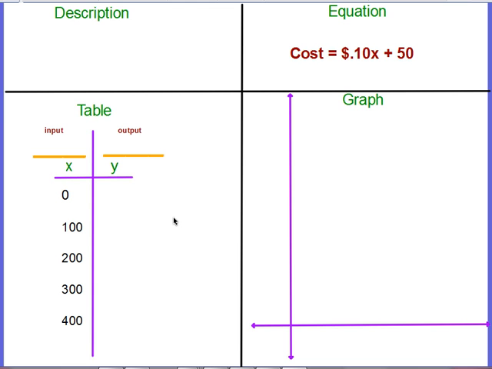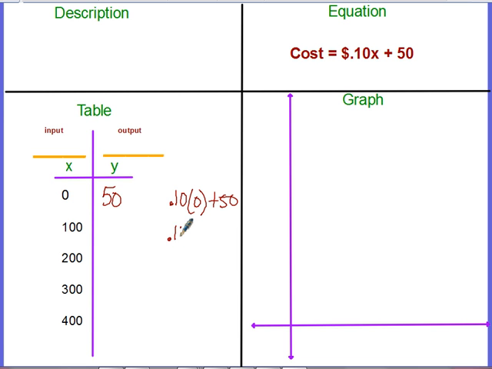Okay, so let's go equation to the table. I usually feel most comfortable starting with the table. So I'm going to plug in a 0, 10 cents, 0.10. I'm assuming that's money, I don't know. 0.10 times 0 plus 50. So that's just going to be 50.